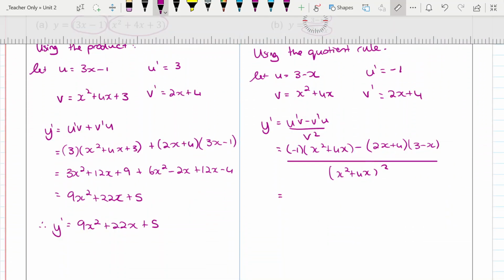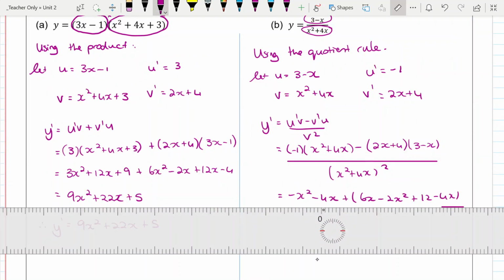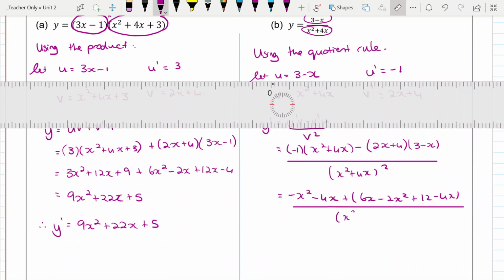Alright, so we have negative x squared, take 4x, plus 6x minus 2x squared, plus 12 minus 4x, all over x squared plus 4x all squared.